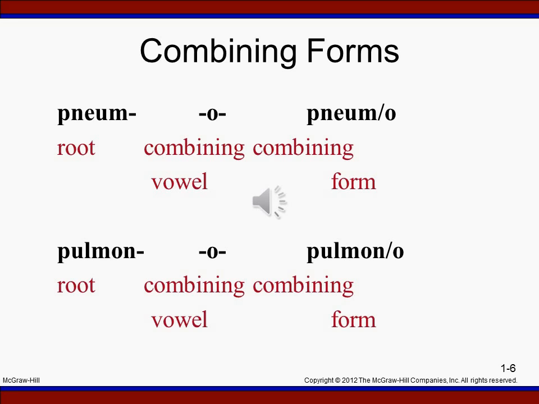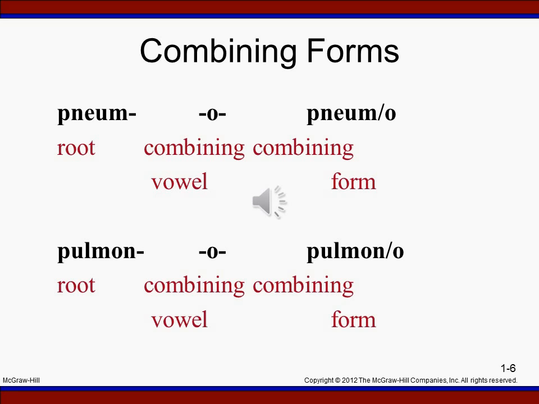Here is the spelling of pneumo with the combining form, pneum/o, up there at the top on the right side. That's the combining vowel. There's no combining form on the word up top at pneumo.